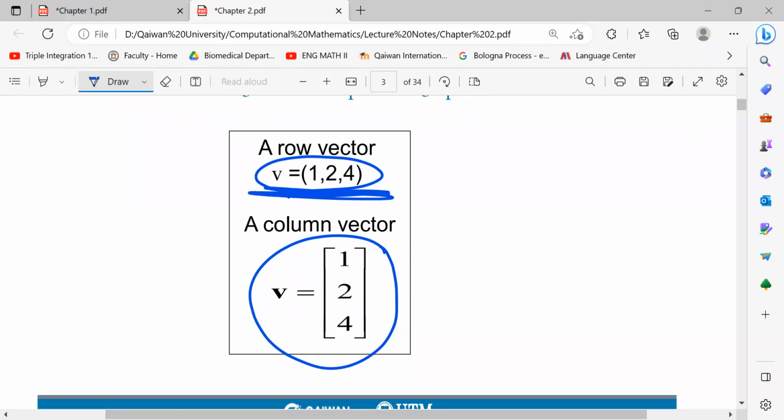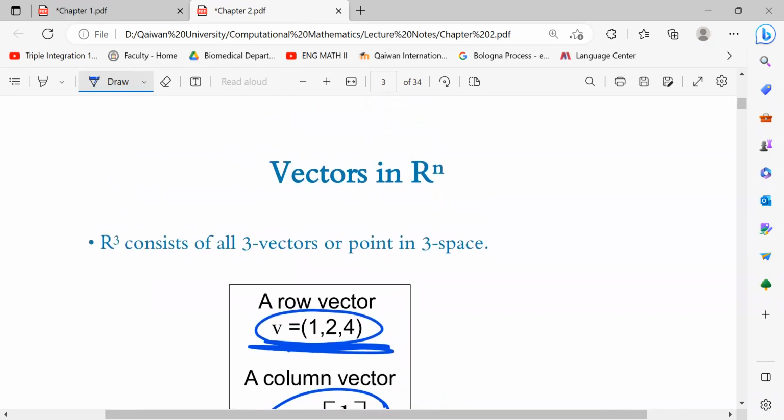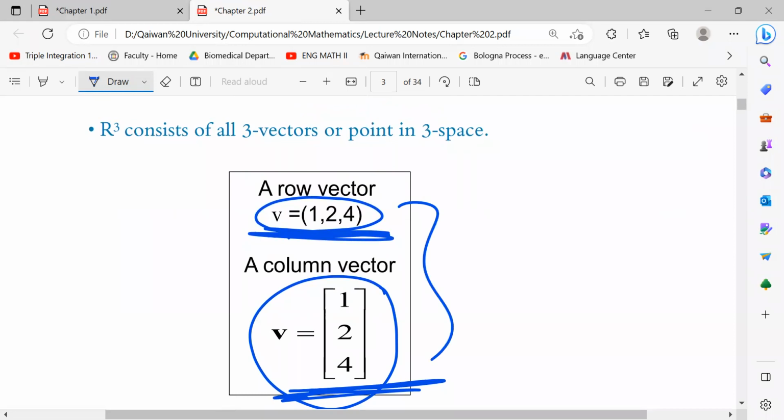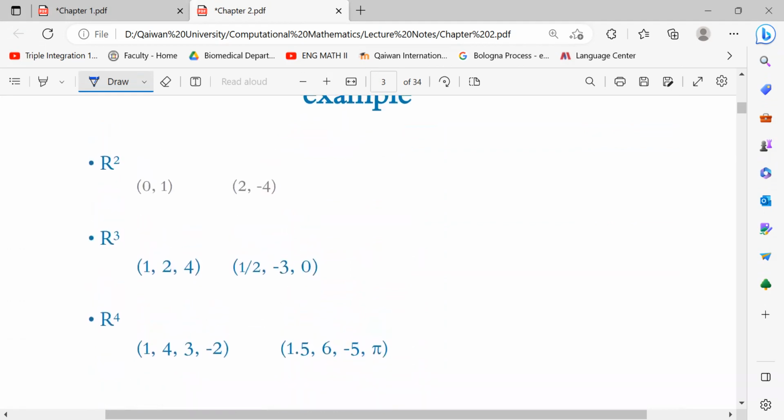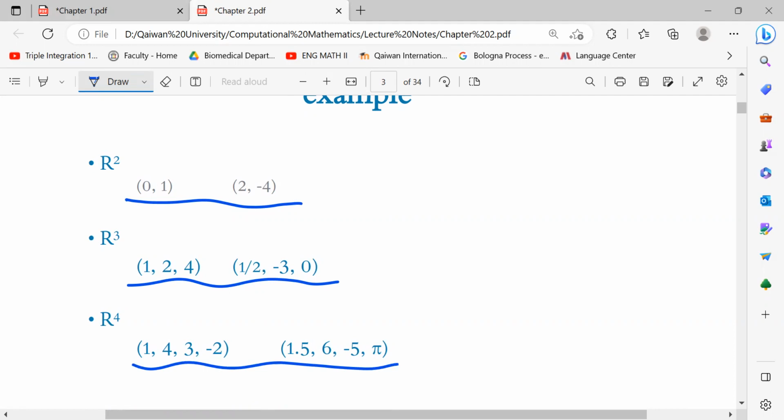It could be written either in a row or in a column. This is called a column vector, and the above one is a row vector. These are in R3, as we have three elements in the vector. These are for R2, these are R3, these are for R4.